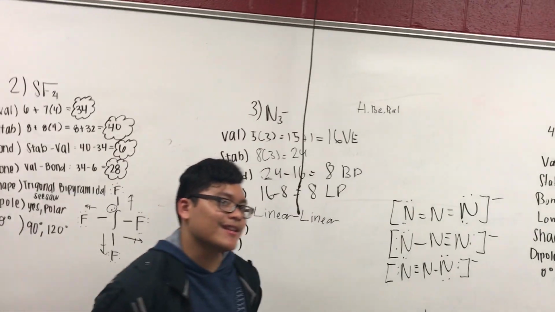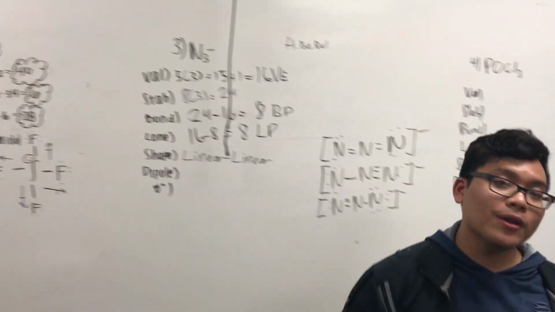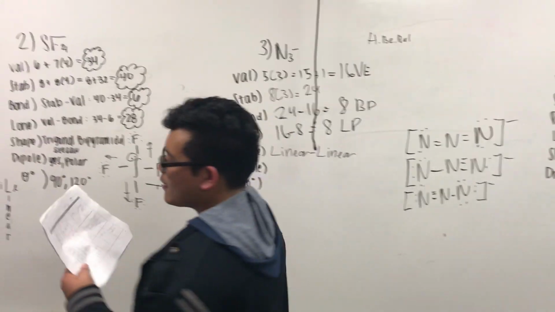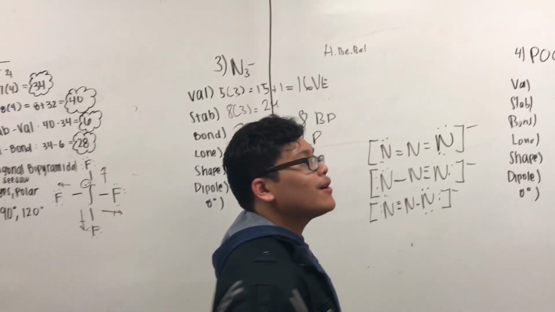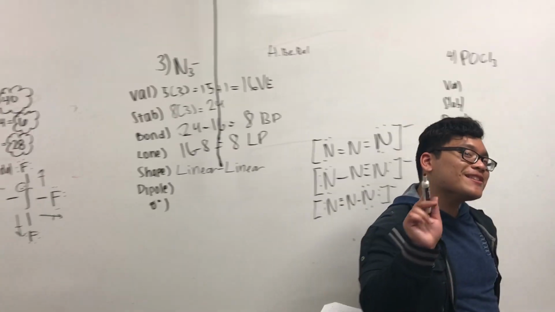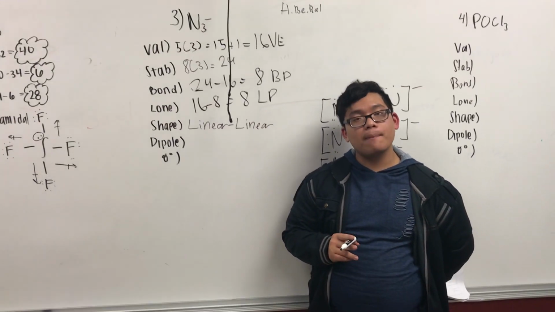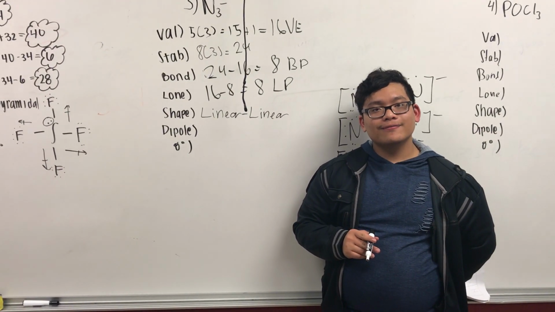The question is, is it polar or non-polar? I don't know. So you should have been paying attention. I'm kidding. Remember the second rule of non-polarity: if it's linear, it's automatically non-polar.